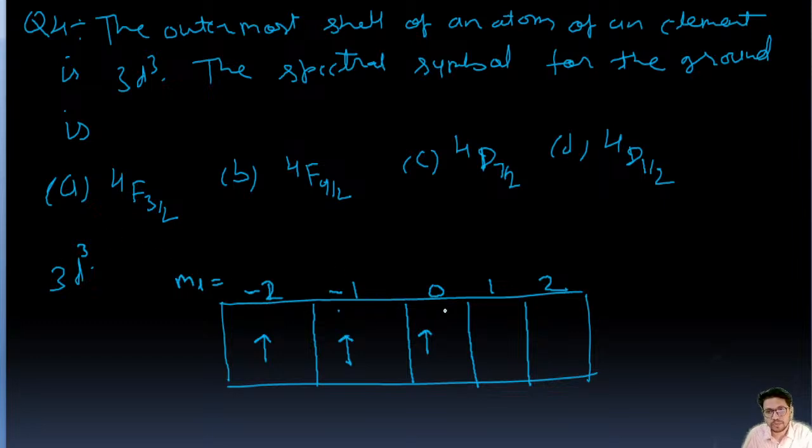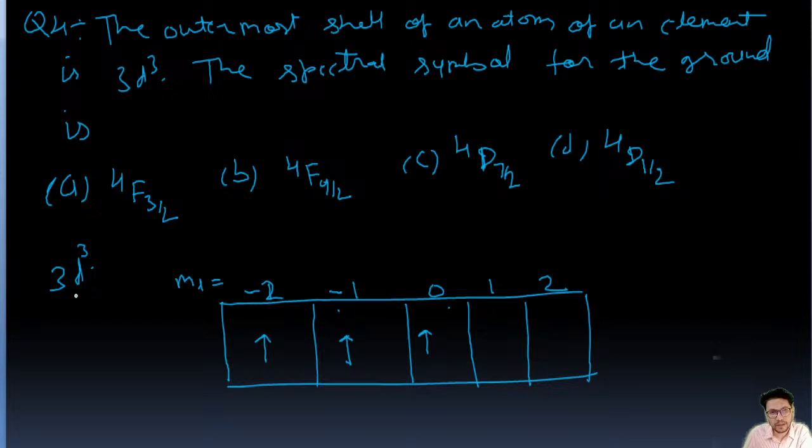Okay, so these are the values: minus 2, minus 1, 0, 1, 2. Now I'll solve it. So first we will find S, the highest S value, and that is going to be sigma ms. Here you can see the value of P equal to 2, because for D it's 2, right?